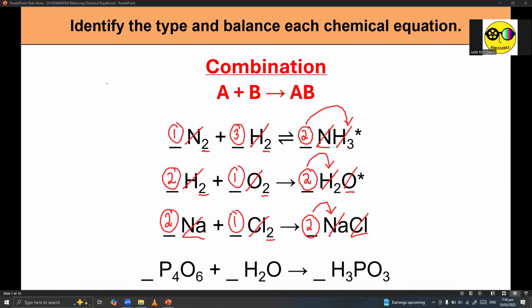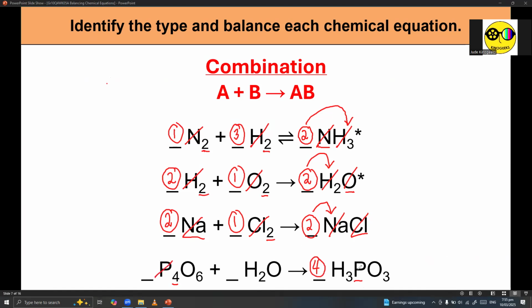Okay? Last example, for combination, you have P4O6 plus H2O becoming H3PO3. This is the trickiest and the most difficult of the four, but I'm here to help you, so let's begin. You have four phosphorus atoms at the left side, and you only have one phosphorus atom at the right side, so we write 4 here.